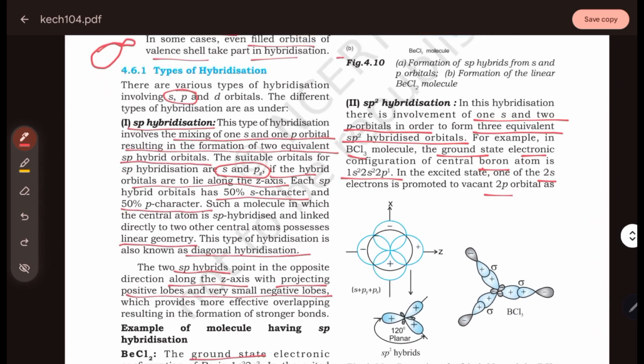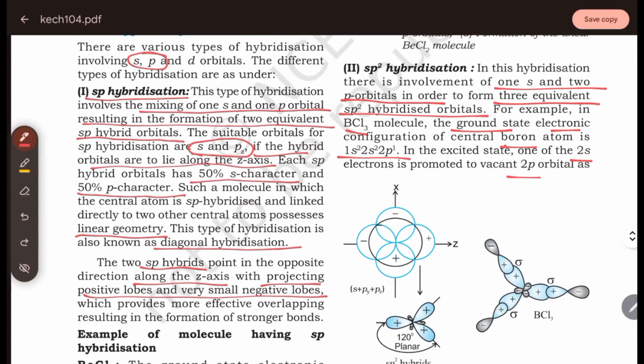Okay. So to obtain sp hybridization, plain and simple, we can see that one s orbital and one p orbital, atomic orbitals, intermix to give rise to sp hybrid orbitals. And if I say the p orbital is oriented towards the z-axis, then it is intermixing of the s orbital and the pz orbital.